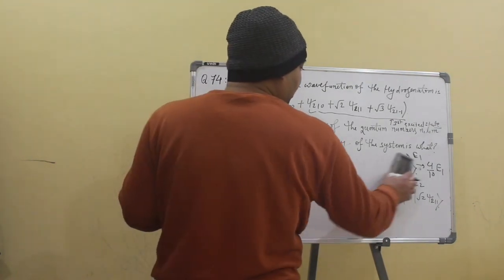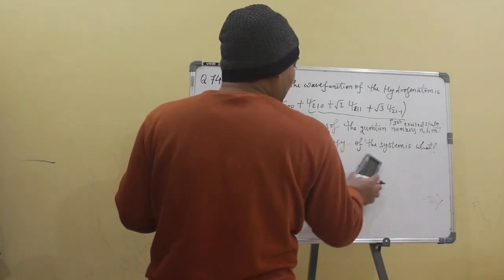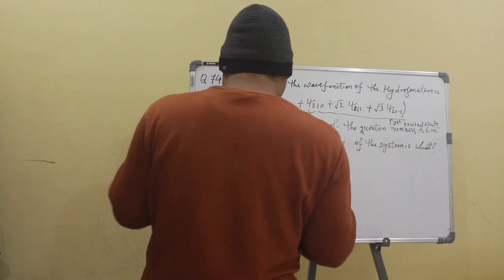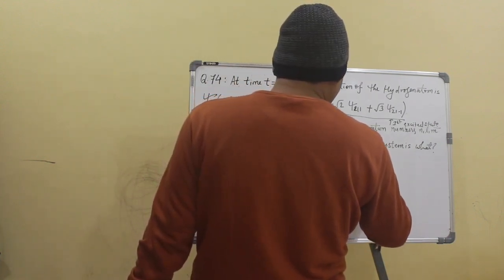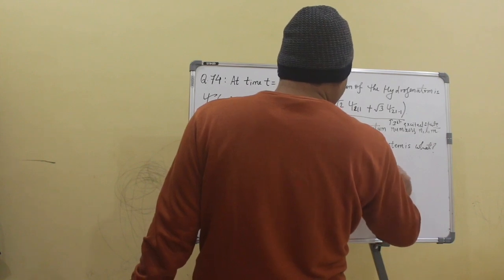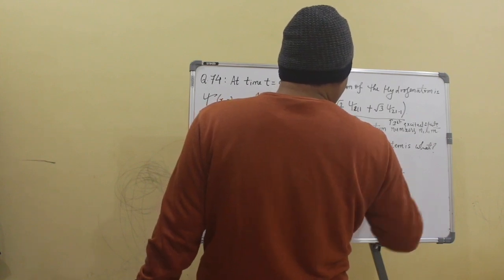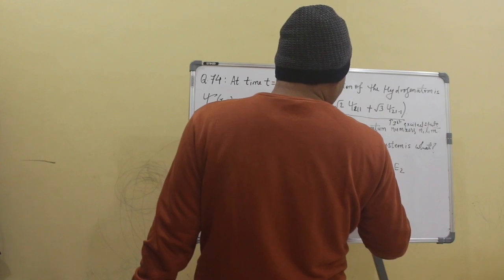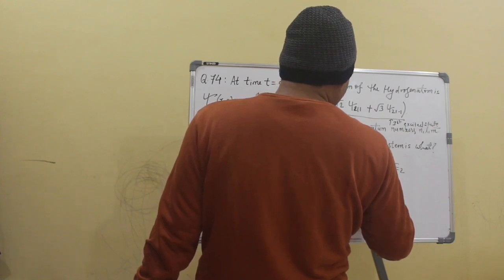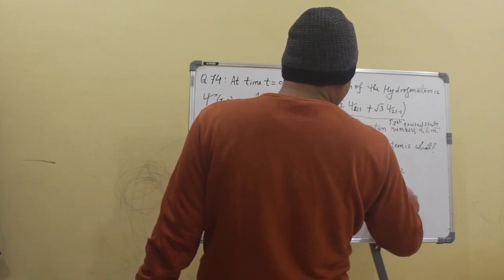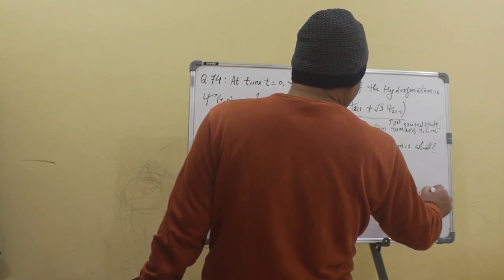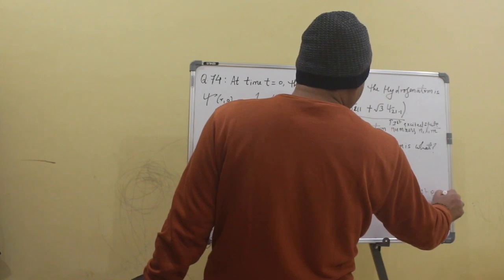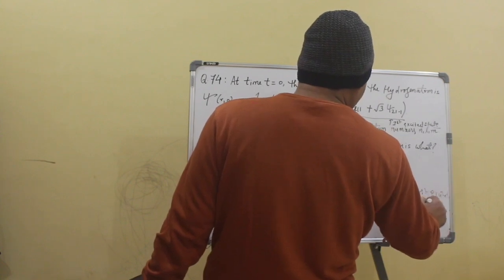So let us write it more clearly. Its expectation value will be nothing but 4 by 10 E1 plus 6 by 10 E2, where E1 and E2 are the energies of the ground state and first excited state, right?